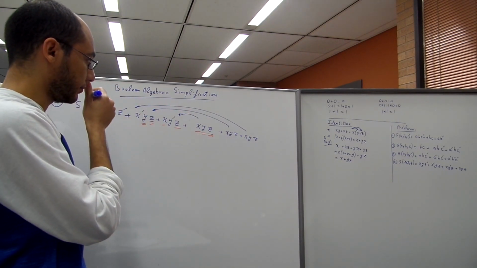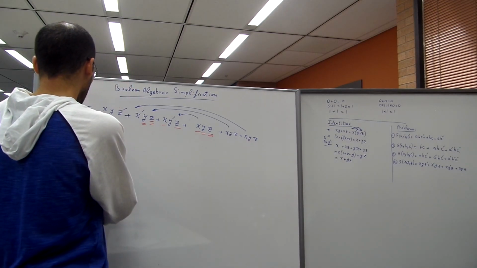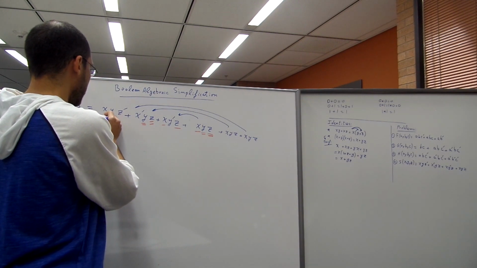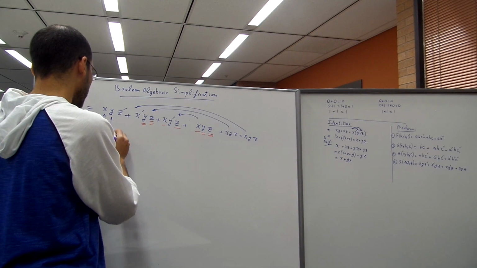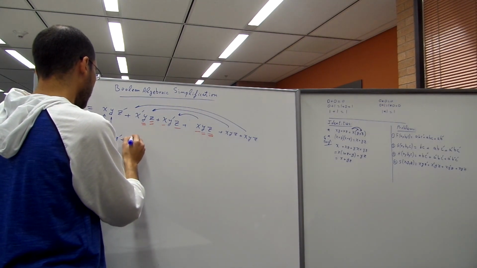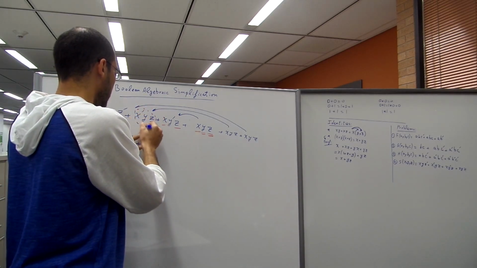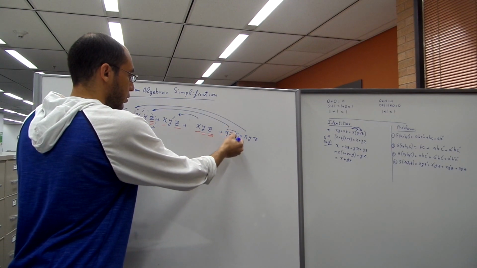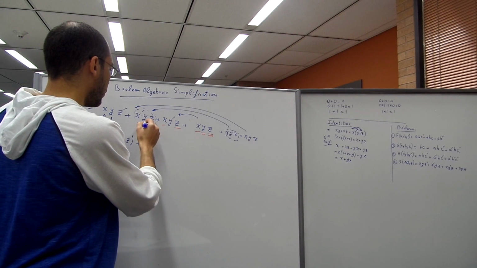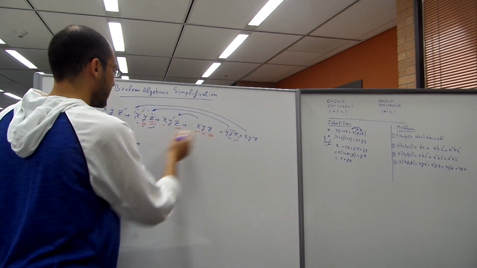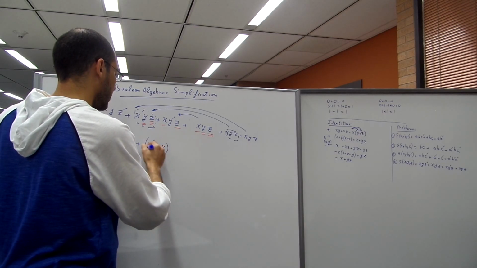Let's first take these 2 terms. What is common? X is common, y is common. So xy, z bar plus z, plus these 2 terms. What is common? Y is common and z is common. So x bar plus x, y, and z.